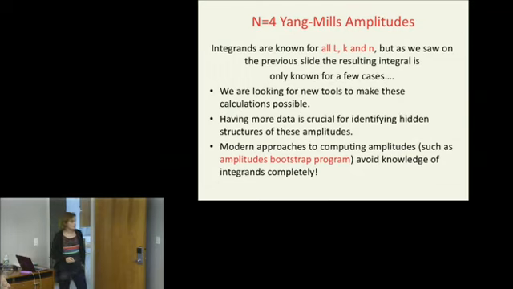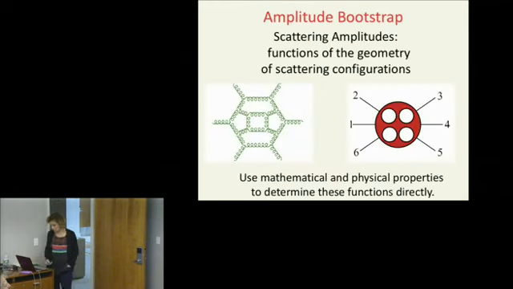Well, it turns out that the modern approaches avoid the knowledge of integrands completely. That's something that is easy to explain. So what is the point here? Well, the point is the following. Instead of evaluating these integrals, so this is an integral for a 6.5 loop amplitude, we think of these amplitudes as particular functions on certain geometrical data. So there are two things we need to know.